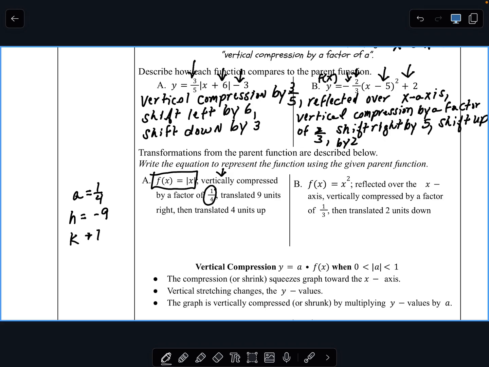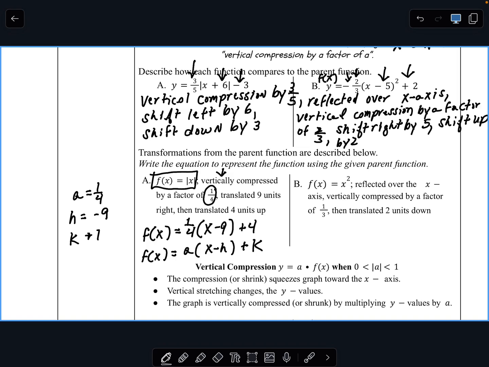So our k will be plus 4. So use your vertex form. So I'm going to have 1/4 times x minus 9 plus 4. Remember your vertex form, which is f of x equals a times x minus h plus k. Okay?